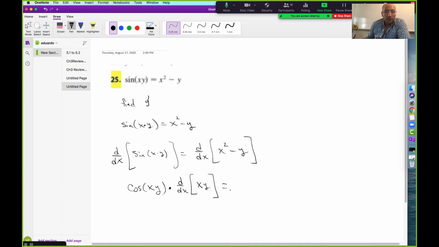Equals, and this we can just break up into two pieces, d/dx of x squared minus d/dx of y. All right, this thing is a product rule, so we have to break it up. This will be cosine of xy times, and then the product rule says we take turns. We're going to take the derivative with respect to x. Well, here.